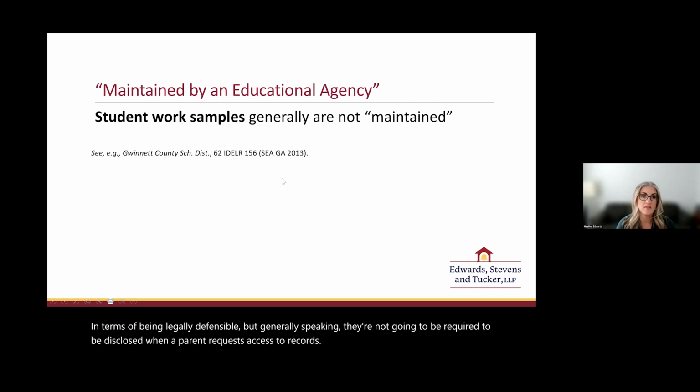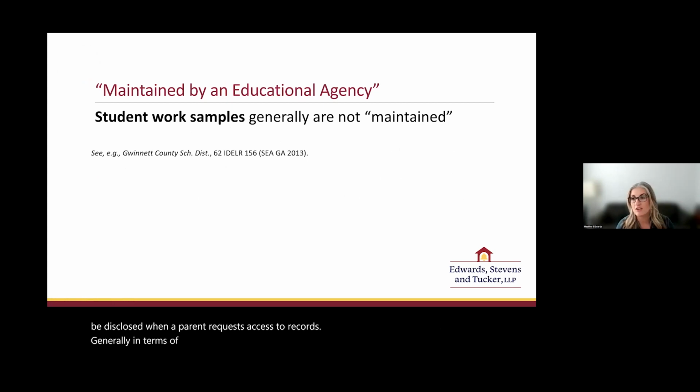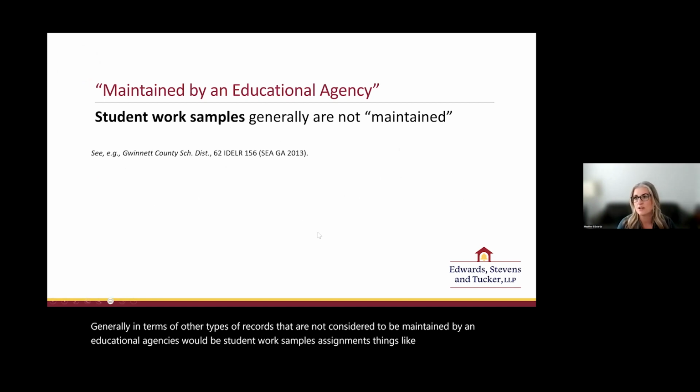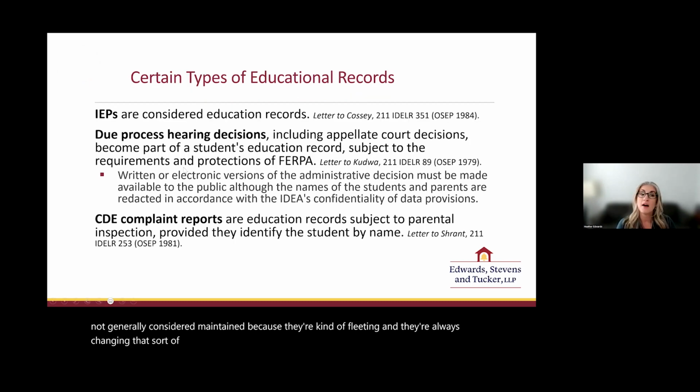Generally, in terms of other types of records that are not considered to be maintained by an educational agency would be student work samples, assignments, things like that. Those are not generally considered maintained because they're kind of fleeting and they're always changing. Other types of records, IEPs, are generally considered to be educational records.